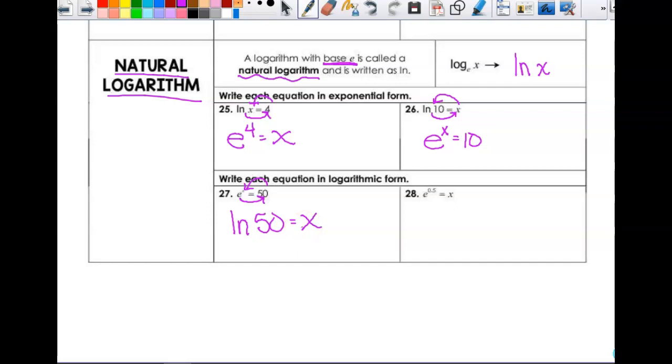So then you do 28. This would be the natural log of what? x equals 0.5. What questions you got? All right, awesome.